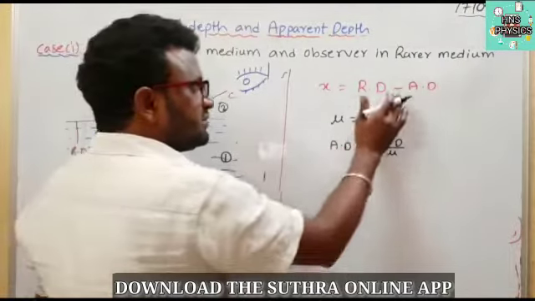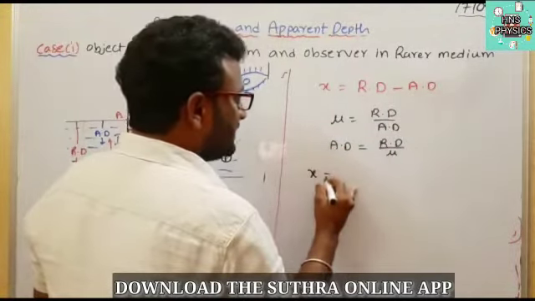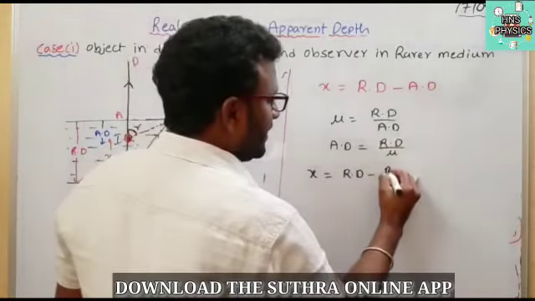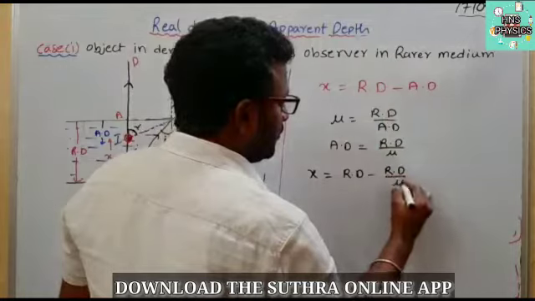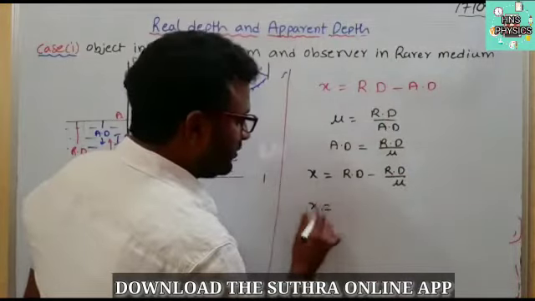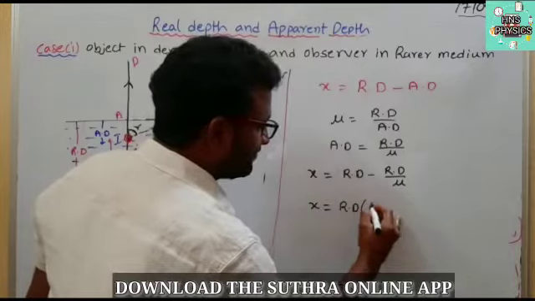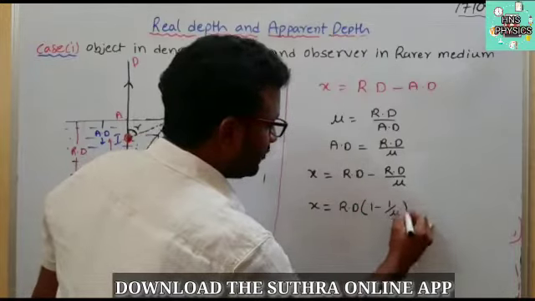If you substitute this value here, then X is equal to RD minus AD, that means RD minus RD by mu. If I take this real depth common, X is equal to RD into 1 minus 1 by mu.